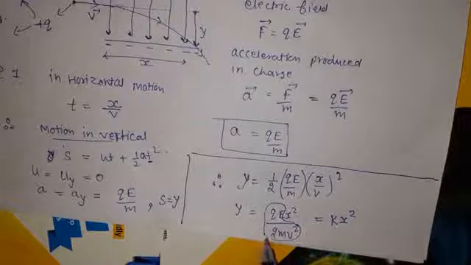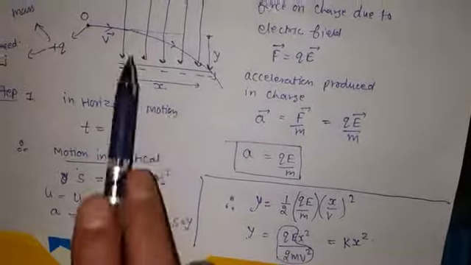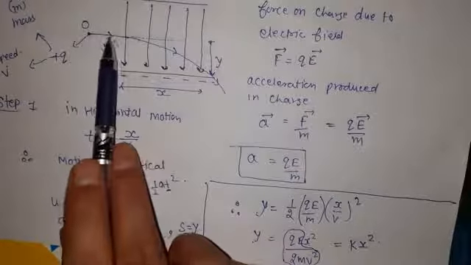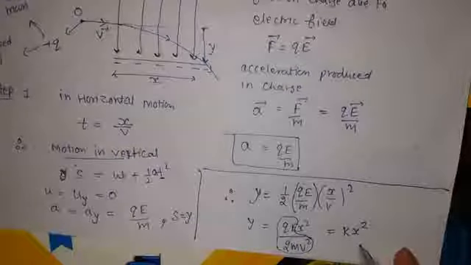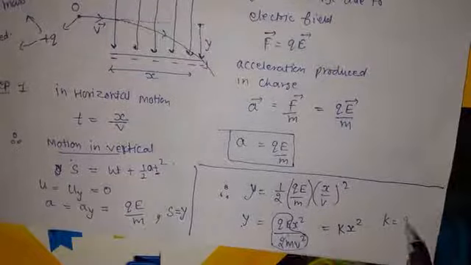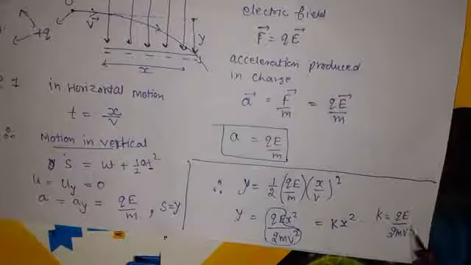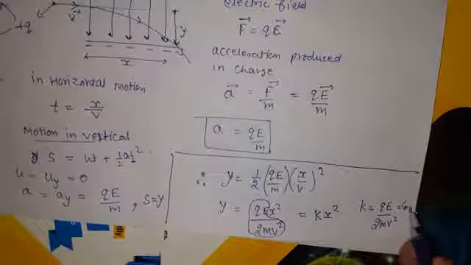So we have observed what path is followed by the charged particle when it enters the uniform electric field perpendicularly. It is a parabolic path. Here the k value is qE by 2m v square. Why is it constant?